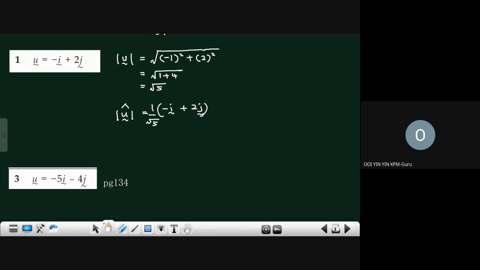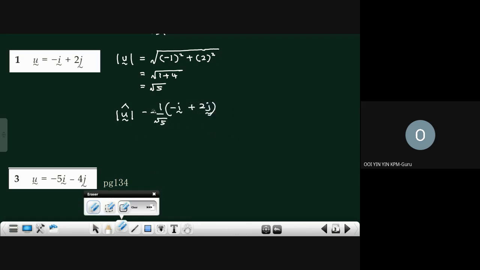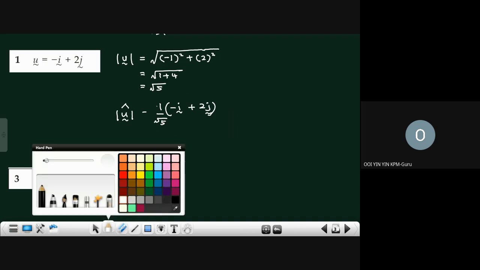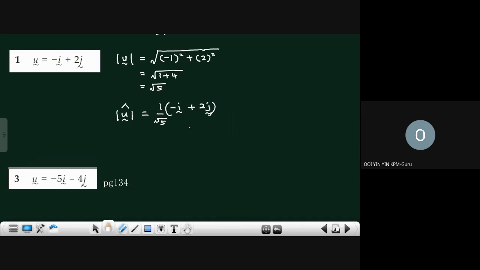You can write directly like this. Okay, now so this is your answer, your unit vector.